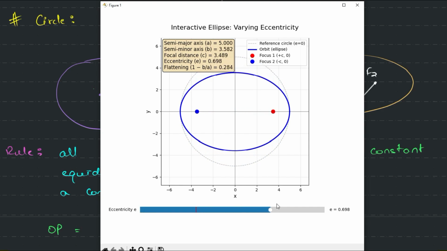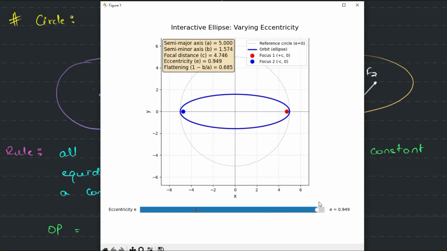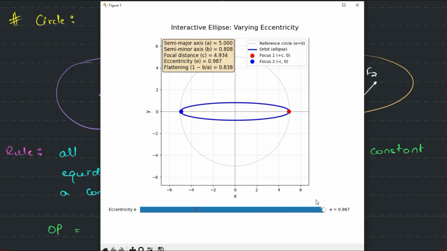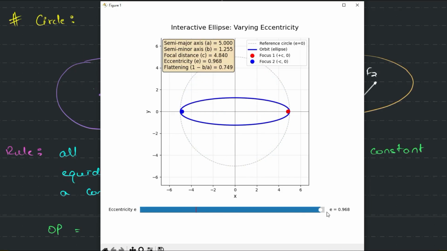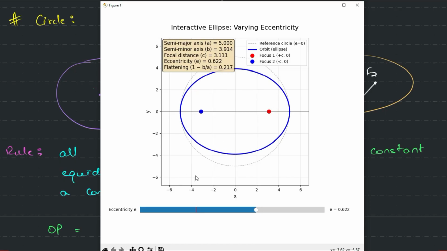Can you see that? It elongates. So if the focus are far apart, the ellipse is longer and narrower. It is going to be stretched.